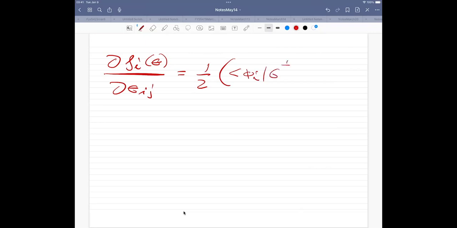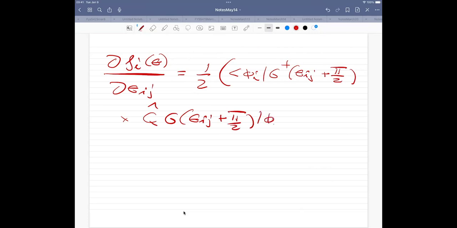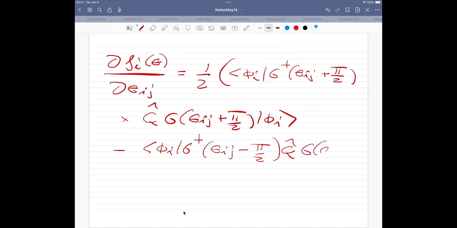So I have G of theta ij plus pi half, multiplied with Q, that operator, and then G of theta ij plus pi half of phi of i, minus phi of i G dagger of theta ij minus pi half, Q multiplied with G of theta ij minus pi half.